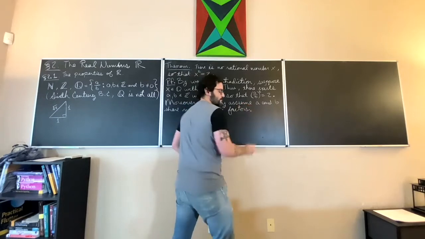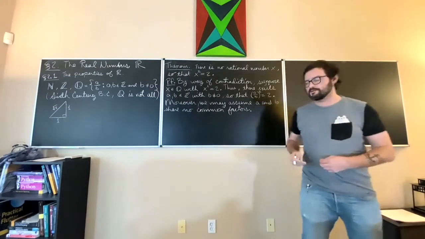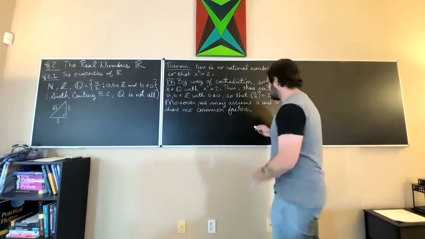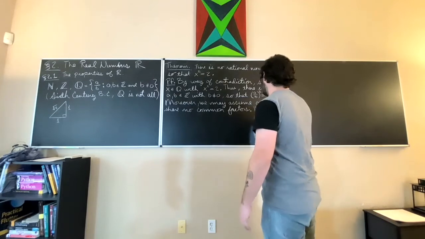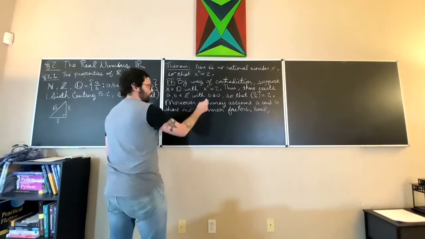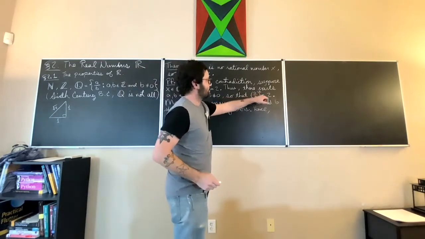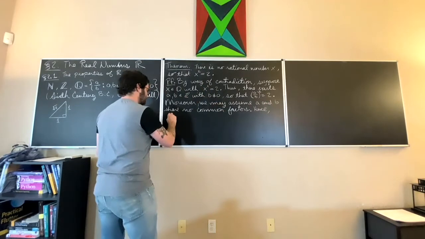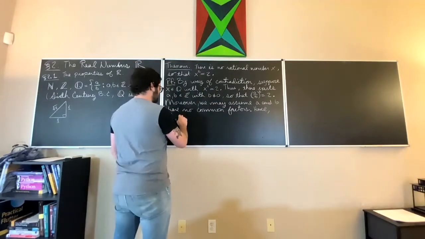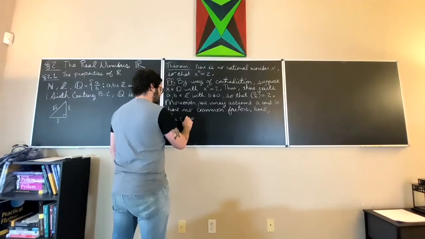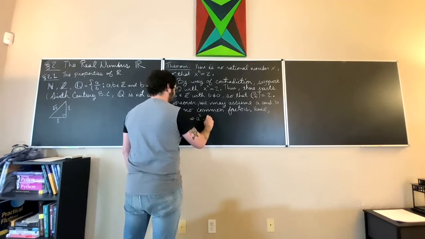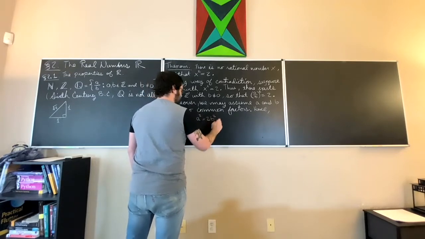So we just assume that it's already been reduced as far as we can. Okay, so then hence we have the square of a over b is equal to 2, so that implies a squared over b squared is equal to 2, which means that a squared is equal to 2 times b squared.